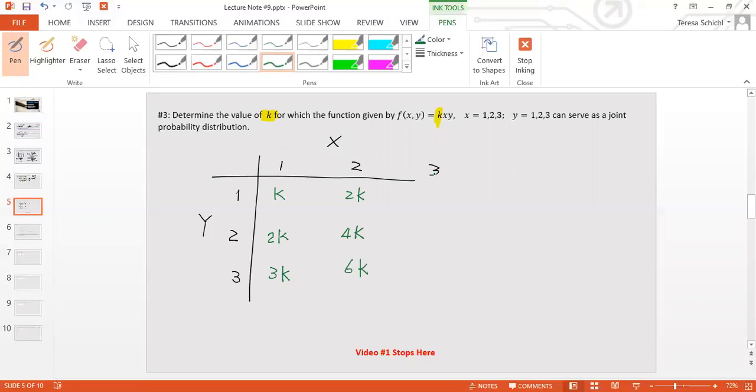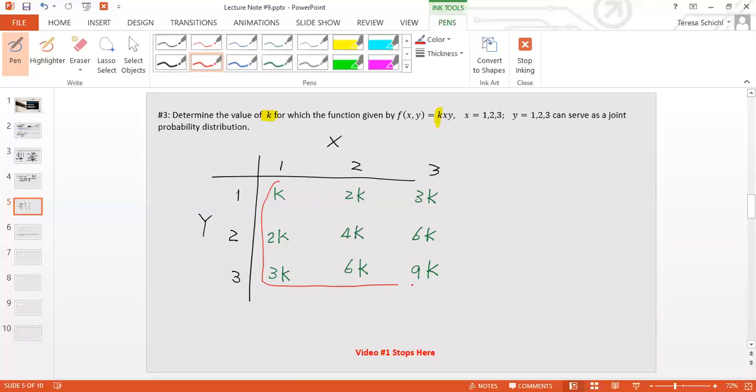So when x equal to 3, y equal to 1, this is 3k. Then 3 times 2 is 6k. The last one, when x equal to 3, y equal to 3, I have 9k here, right? So these are my probabilities. Then, if this is a probability distribution, what is the property we have?